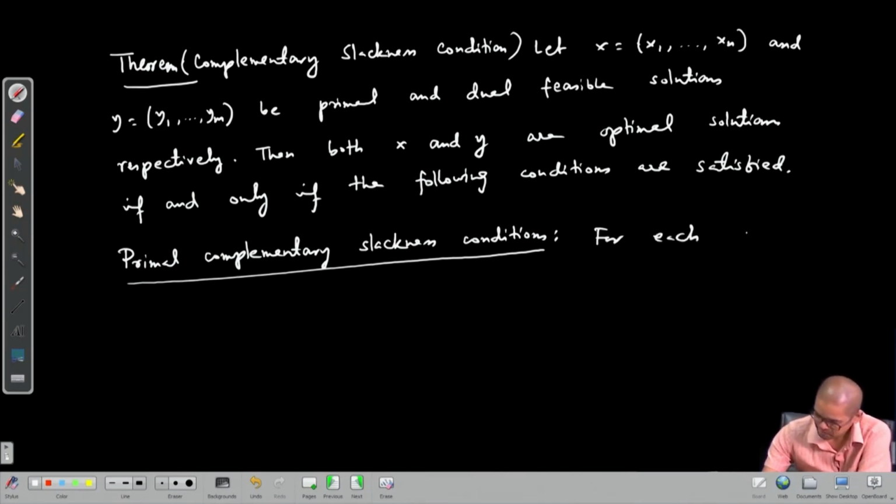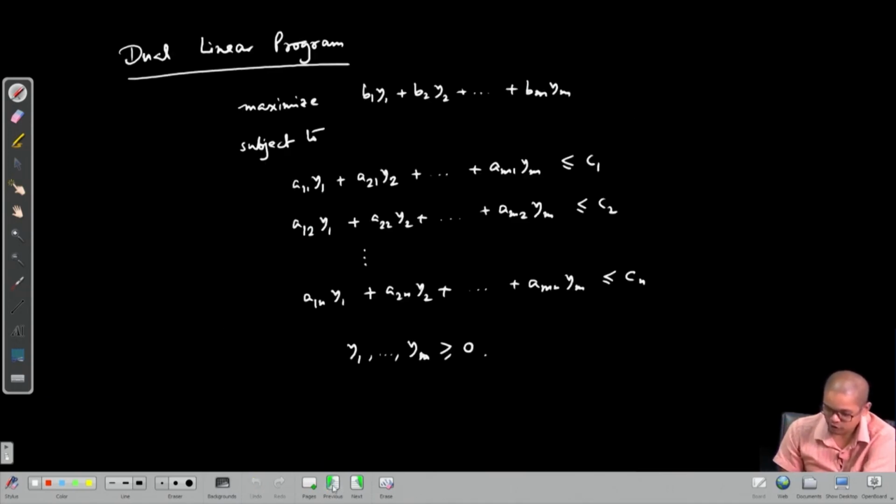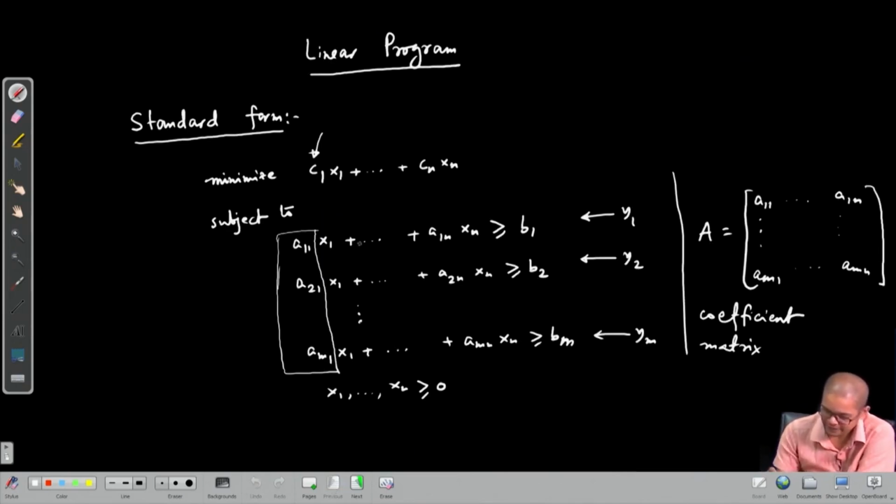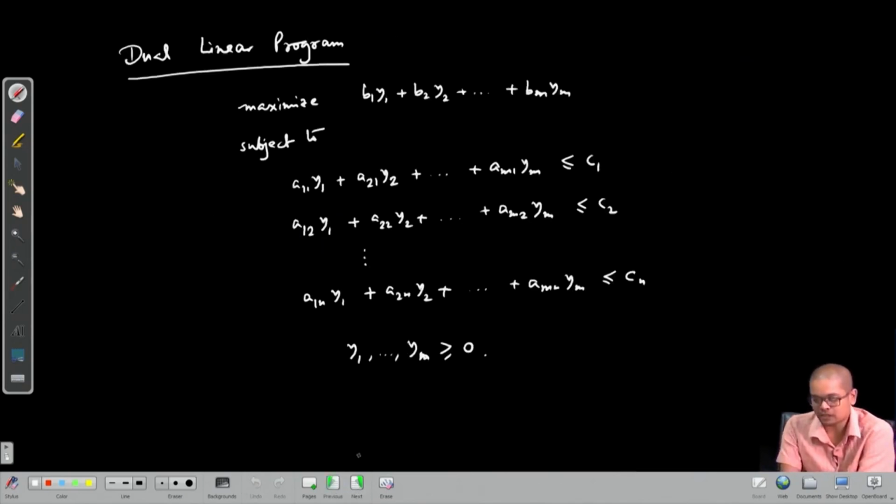It says for each variable j from 1 to n, the primal has variables x1 to xn, either xj is 0 or, now notice that for each variable xj there is a constraint in the dual, and the primal complementary slackness condition says that either the variable is 0 or, if the variable is not 0, then the corresponding constraint inequality must hold with equality.